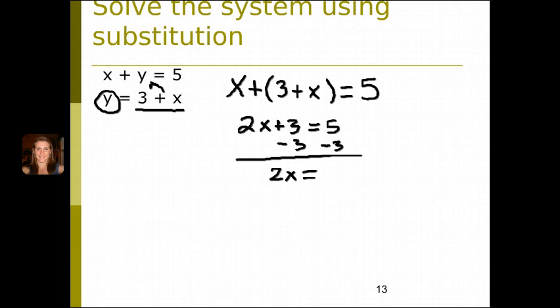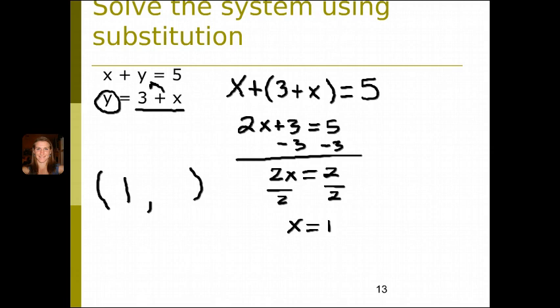You're going to divide both sides by 2, and x equals 1. So we just completed step 3, solving for that variable. That gives us the first half of our solution, the x value of the ordered pair, or where the two lines will intersect, is 1.